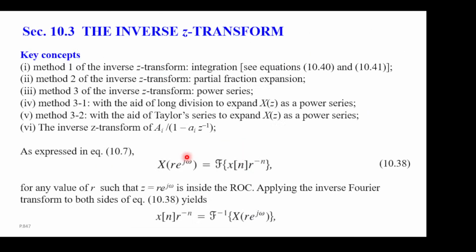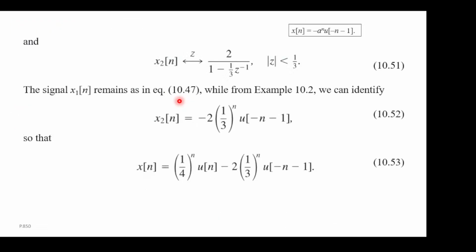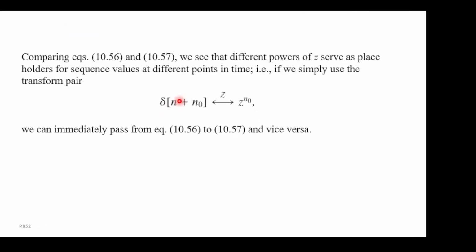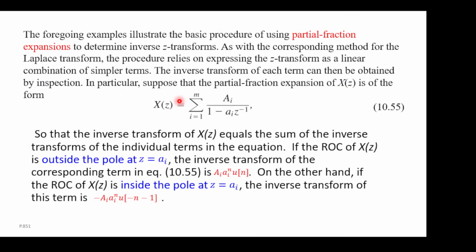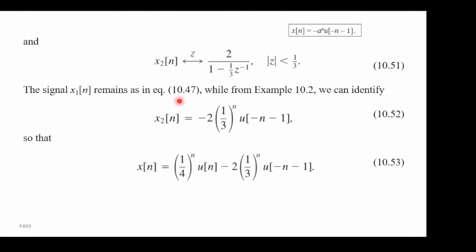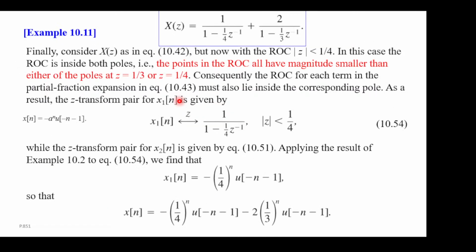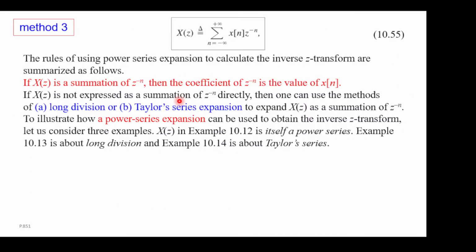So in terms of inverse Z transform, we are going to see that because the Z transform has some extra properties, there's some hacking you can do to do the inverse Z transform.